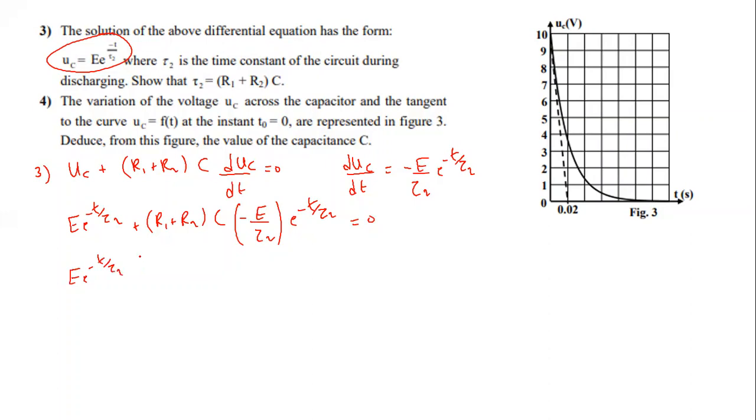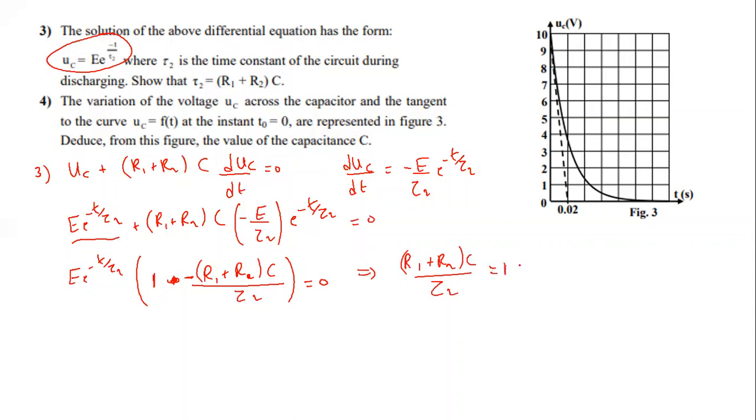From the first part we'll have 1, from the second part R1 plus R2 times c, with minus and over tau 2, equal to 0, which means that 1 minus R1 plus R2 times C over tau 2 is equal to 0, so 1 equals R1 plus R2 times C over tau 2, namely tau 2 equals R1 plus R2 times C.